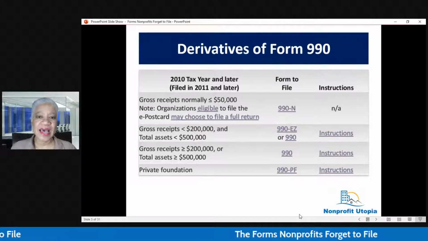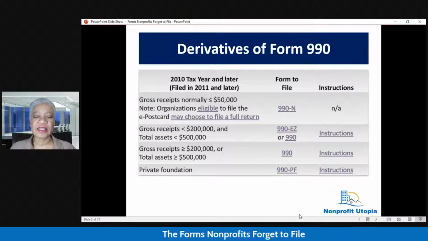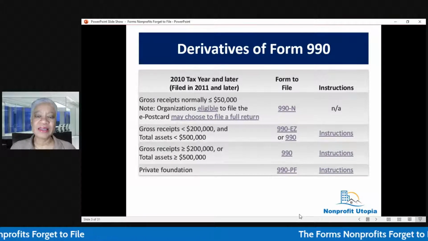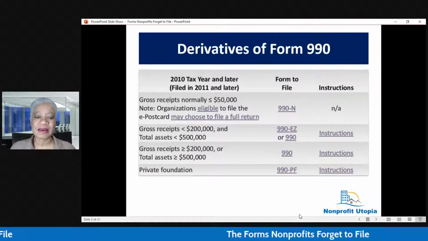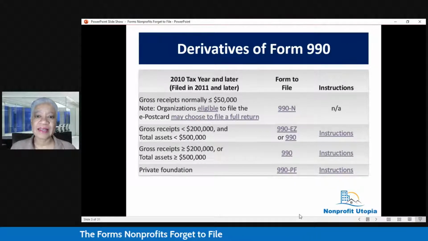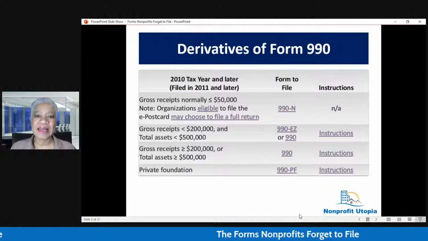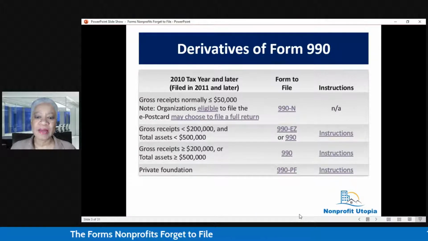When we talk about assets, we're talking about cash in the bank, your building, and equipment. So if your gross receipts are under $200,000 and you have total assets of less than $500,000, then you have a choice of filing Form 990EZ or filing Form 990.